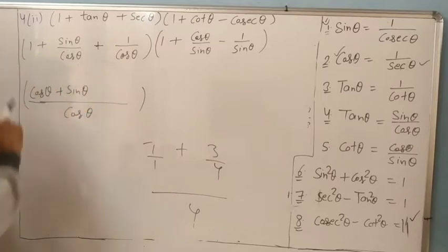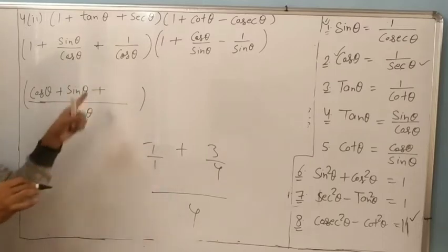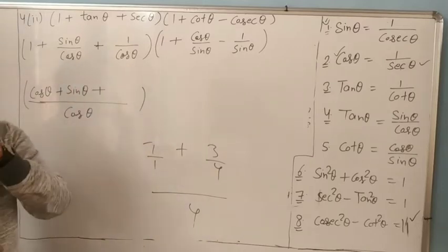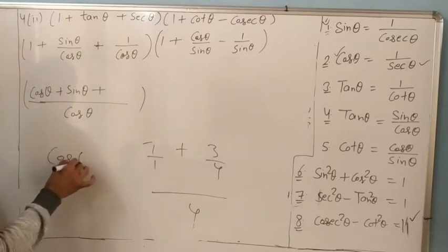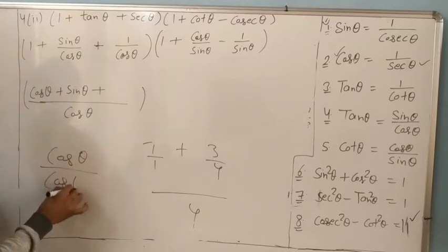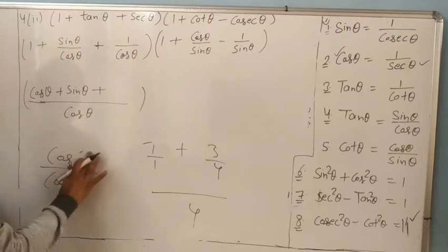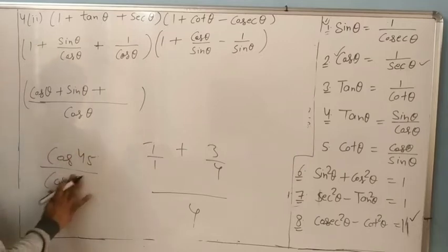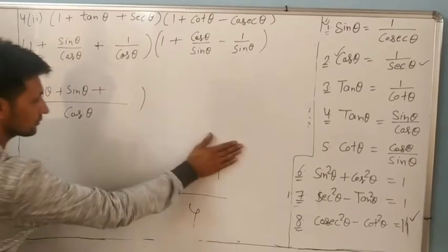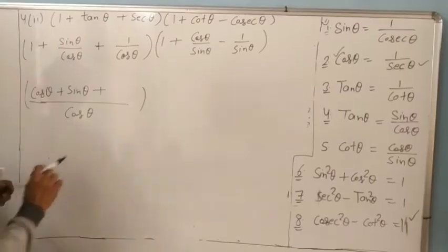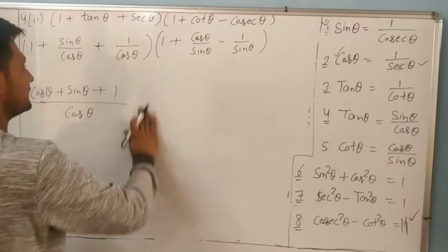Cos theta divided by cos theta is 1, why? Theta means both angles are the same. Cos 45 and cos 45, both values are the same or not? They cancel. Look, plus 1, same as it is there.